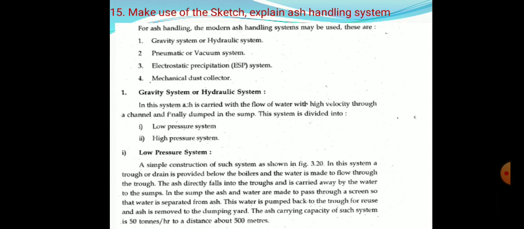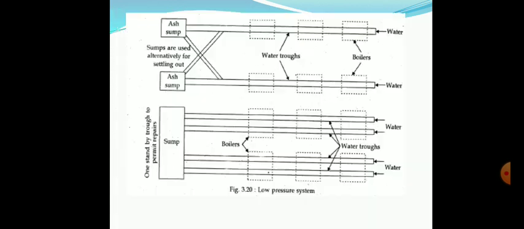In the sump, the ash and water are made to pass through a screen so that water is separated from ash. This water is pumped back to the trough for reuse and ash is removed to the dumping yard. The ash carrying capacity of such system is 50 tons per hour to a distance about 500 meters.